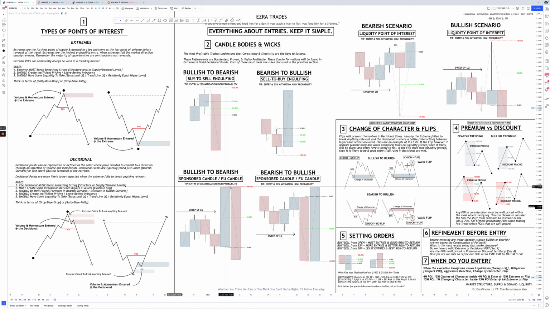And when I saw this aggressive reversal, I can guarantee that there's a lot of resting liquidity within the sponsored candle. So in this case, on a bullish to bearish scenario, I will set my entry at the 50% mitigation. So I will wait for price to come back to mitigate the 50% of the sponsored candle before I get inside my entry for a continuation.